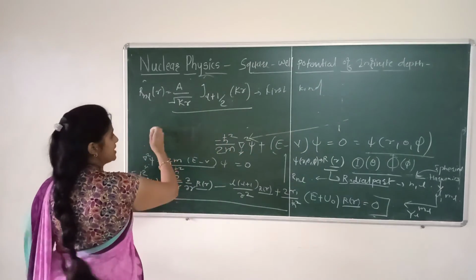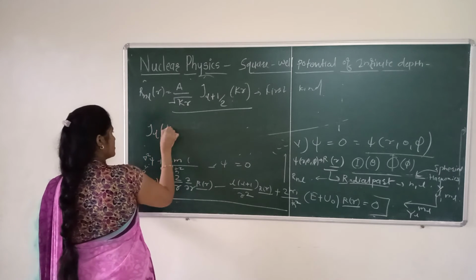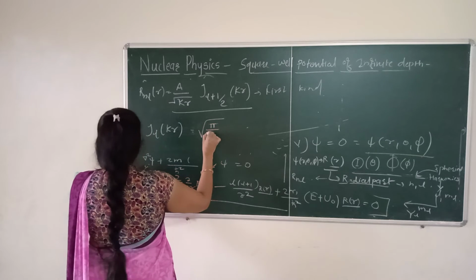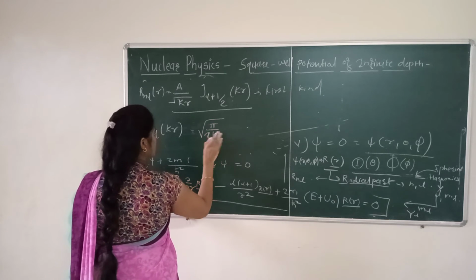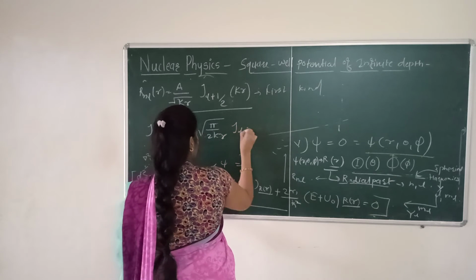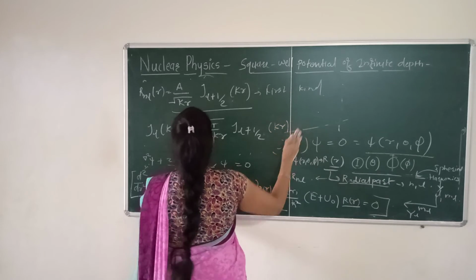Okay, which is exactly similar to our Bessel equation, which is written as j l of kr equal to root pi by 2kr j l plus half of kr. Understand, students?